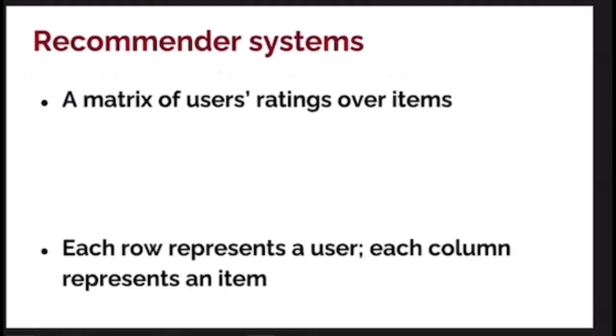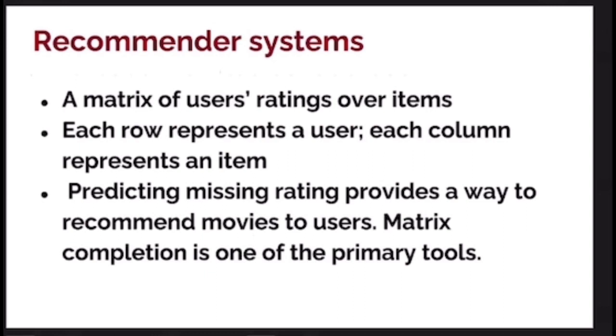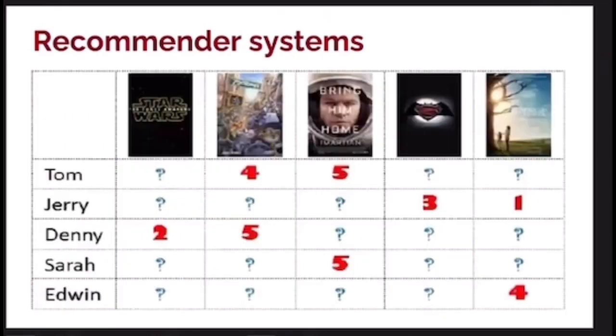Now, this is the application I was trying to tell you about the other time, in a recommender system, where they have a matrix of users and they have them rate movies. I need you to take a look at the board. Let's say we have Tom, Jerry, Danny, Sarah, and Edwin, and then look at those movies. Tom only watched the second and the third movie, and he only provided ratings for them.